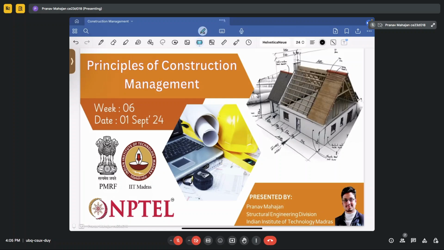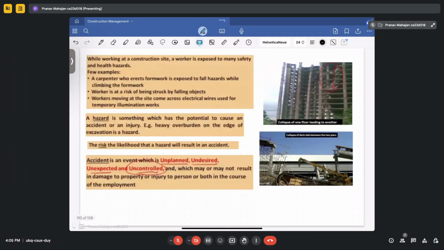So this is what we have covered till the fifth week, and what we will start now is related to safety regarding a project. If you have seen the videos for this week, safety for a project is also one of the key factors that should be taken into account during the planning as well as during the operation of the project.